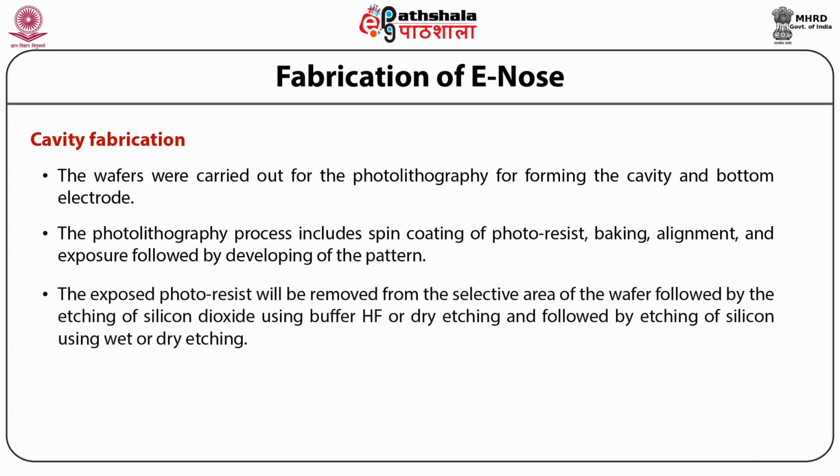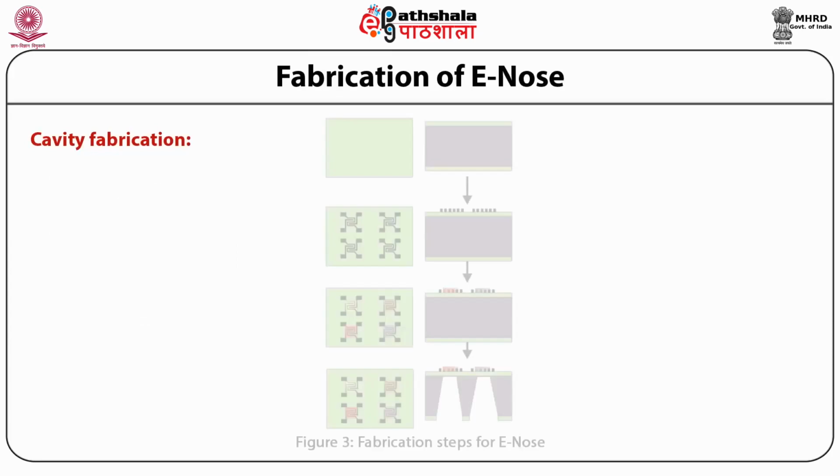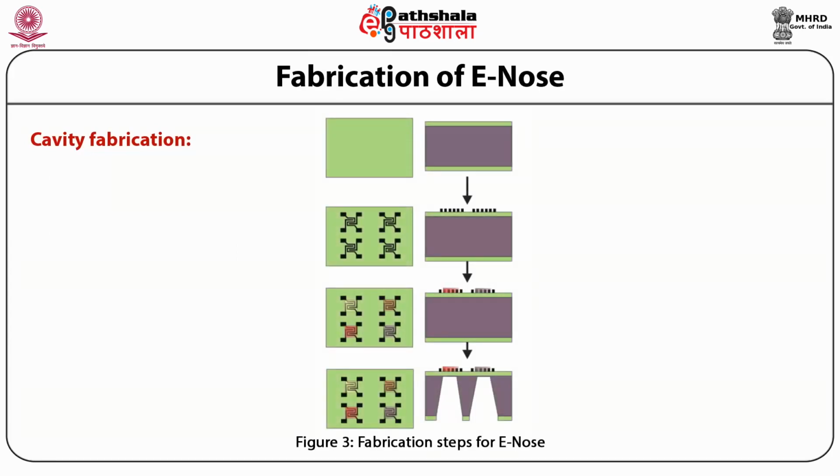The exposed photoresist will be removed from the selective area of the wafer, followed by etching of silicon dioxide using HF buffer or dry etching, and followed by etching of silicon using wet or dry etching. This figure shows the different fabrication steps for Enose.